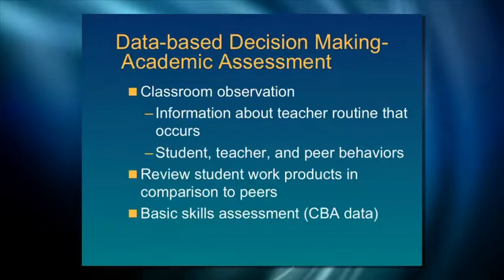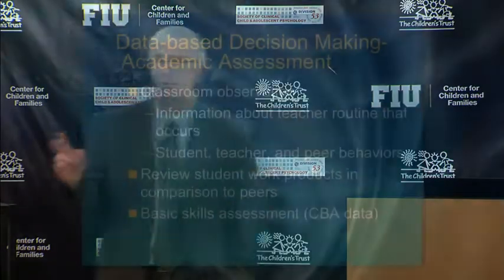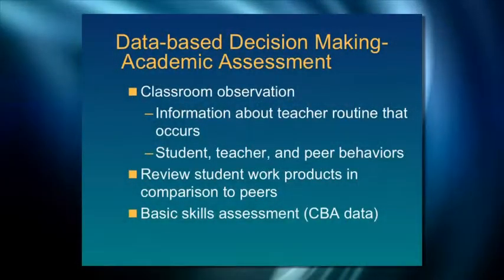In the case of academic functioning, maybe comparing the students' work products to their peers. So again, getting an idea of what is it actually that they're producing now, how deviant or different is that from what's being gathered from their peers.